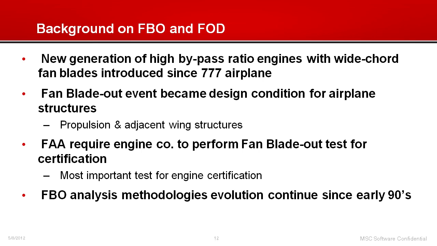The Federal Aviation Administration requires engine companies to perform fan blade out tests for certification, and it is the most important test and probably the most expensive one for engine certification. The methodologies for fan blade out have evolved since the early 1990s.